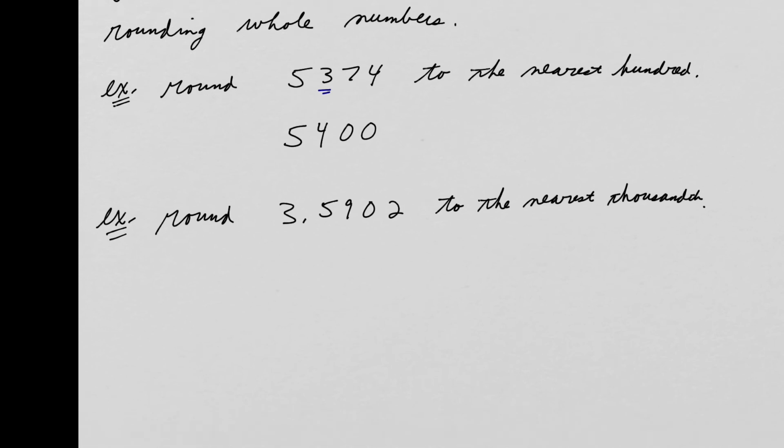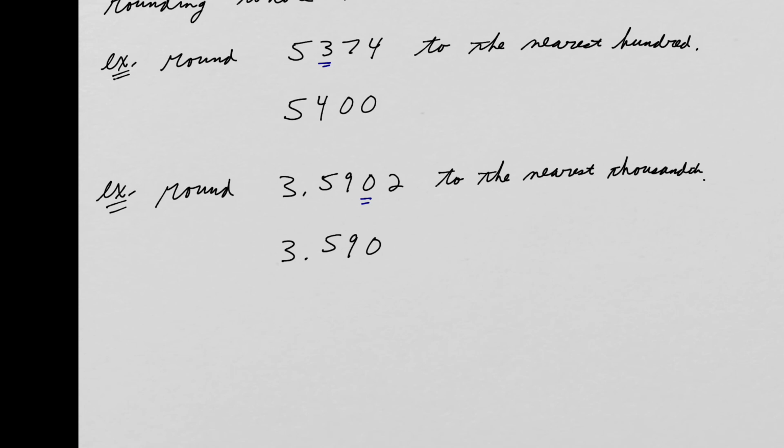I go to the thousandths place, which is the 0 here. I look to the right, 2. It's less than 5. So the 0 stays a 0, right? And now the rule is everything to the right of that just drops off. So this would be 3.590, and that would be the answer.